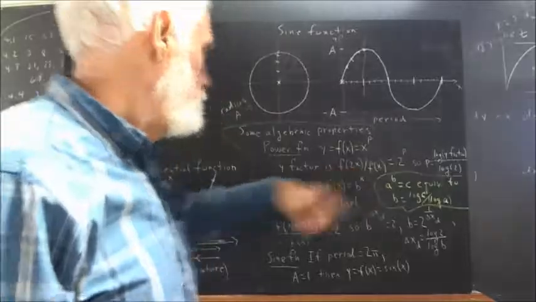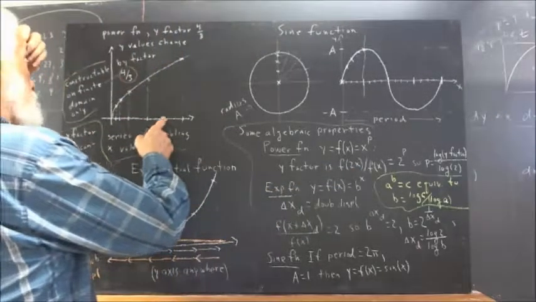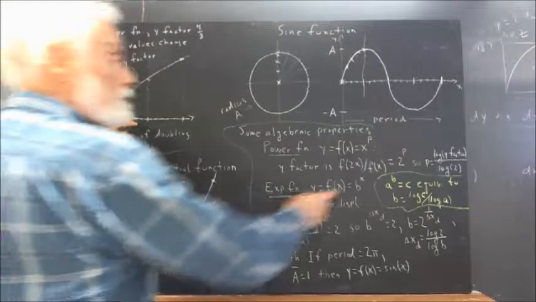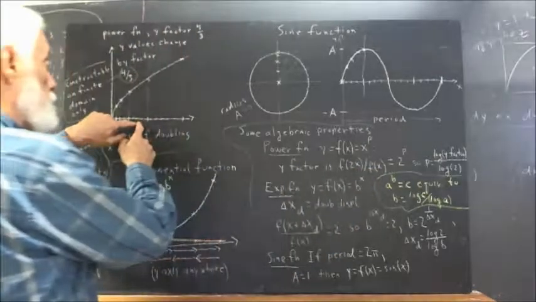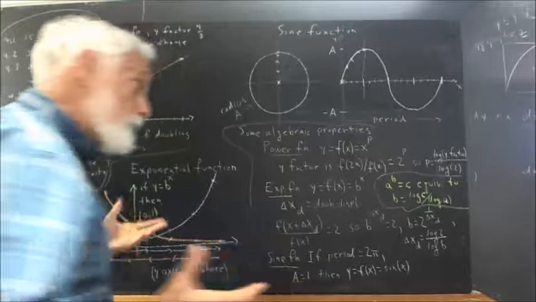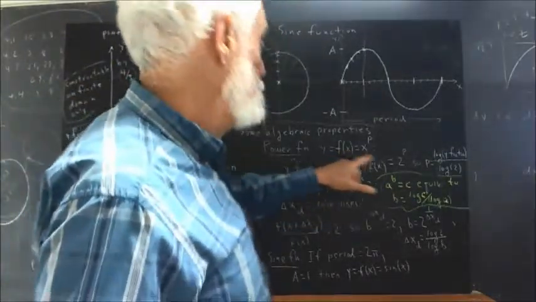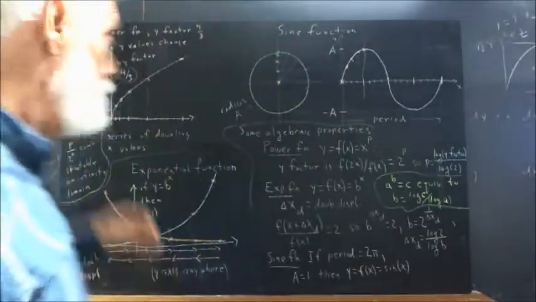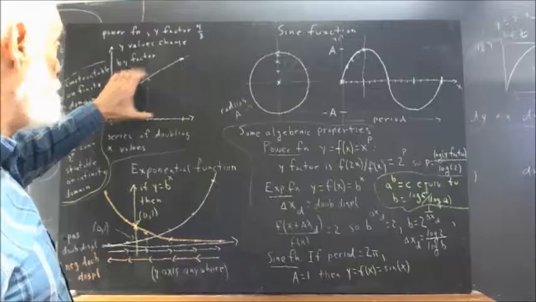And the y value at the point x is f of x. The y value at the point 2x is f of 2x.